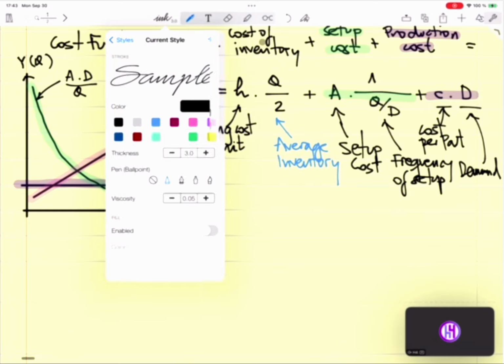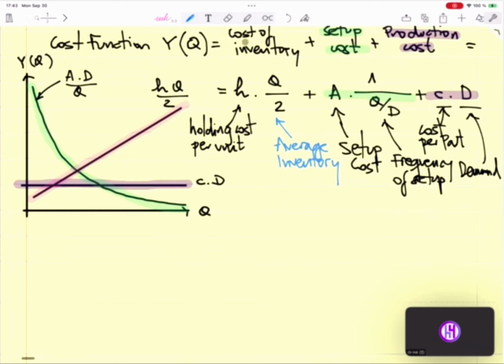So we need to add up all these three curves. We get something like this, with a minimum. This minimum is going to be exactly here, where the two lines intersect.